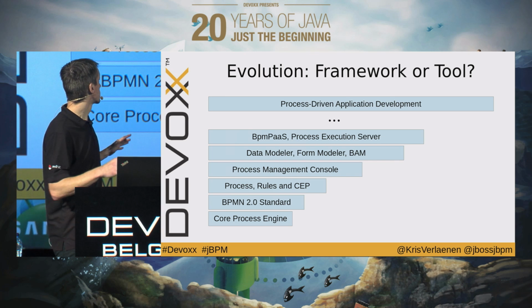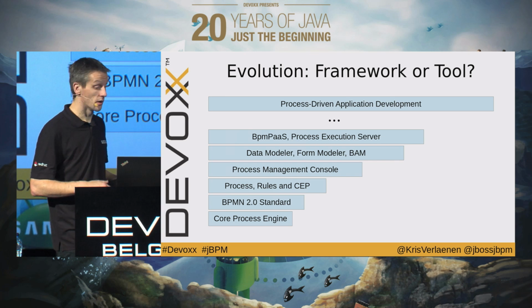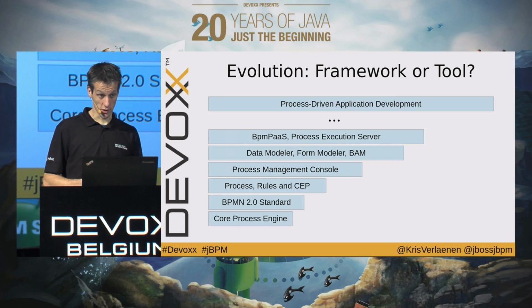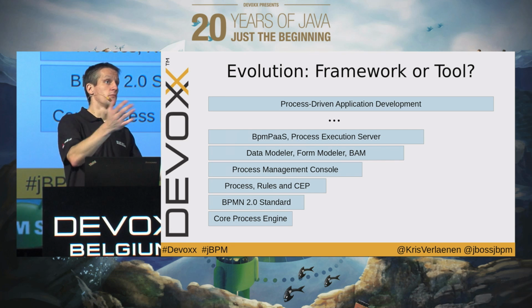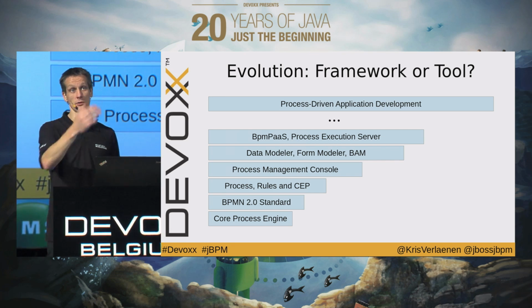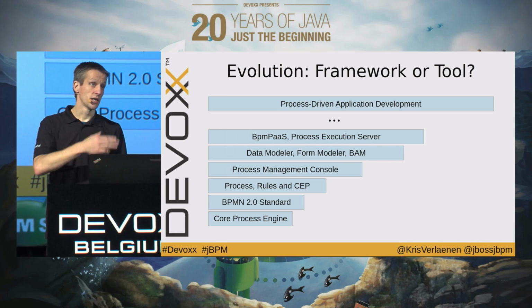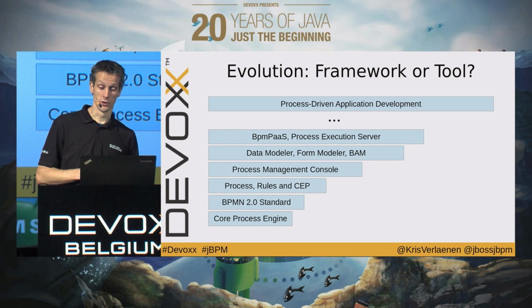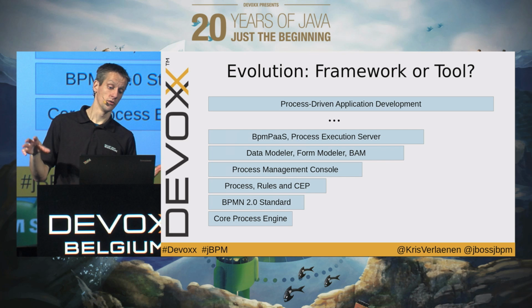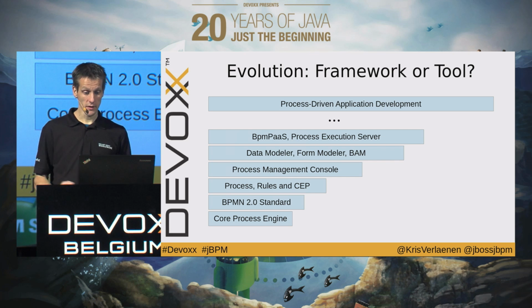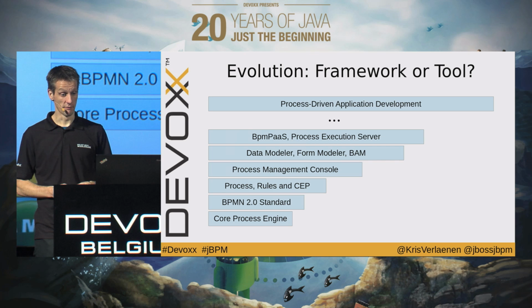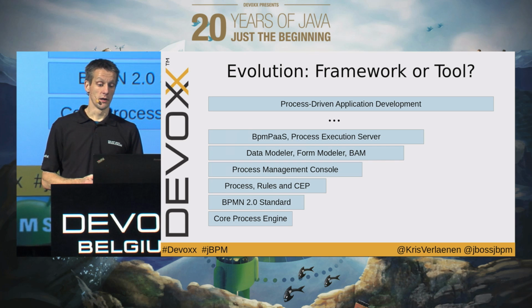If you want more loose coupling, there's what is nowadays called a process execution server. That allows you to set up a server and send requests to it, and it scales automatically. So you don't have to worry about embedding it in your project anymore. You can set it up once, and you can have a very scalable distribution.